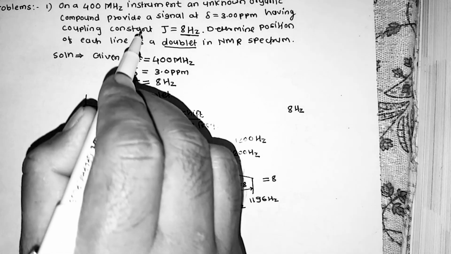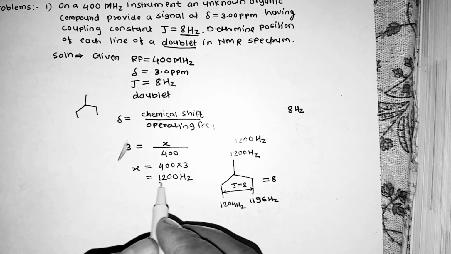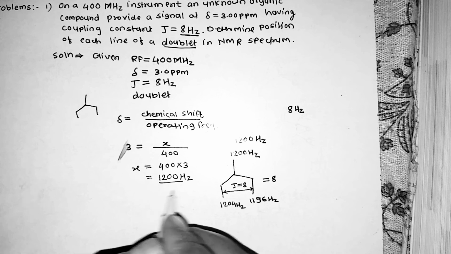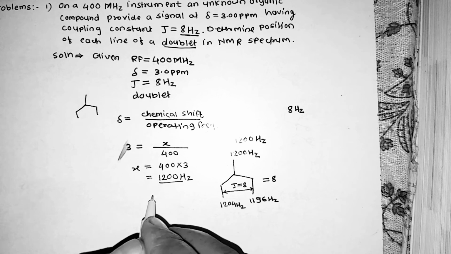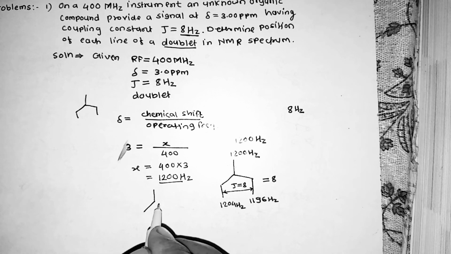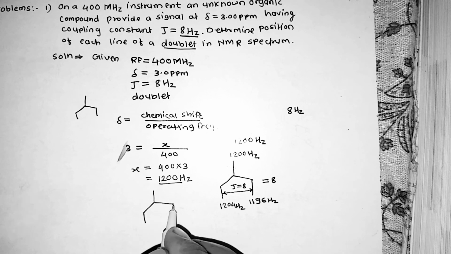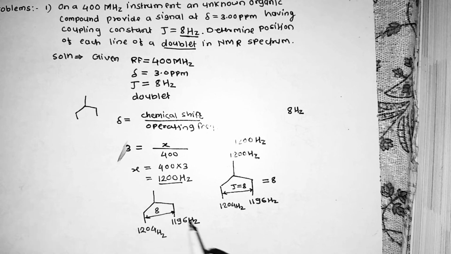So therefore the peak appears at 1200 hertz, it means that the central line splits into two lines which is a doublet. So 1200 minus 4 comes to be 1196, and 1200 plus 4 comes out to be 1204 hertz, and the total distance between these two lines is 8 hertz.